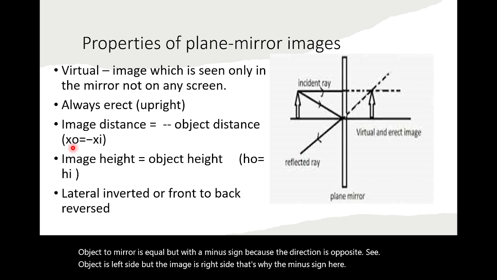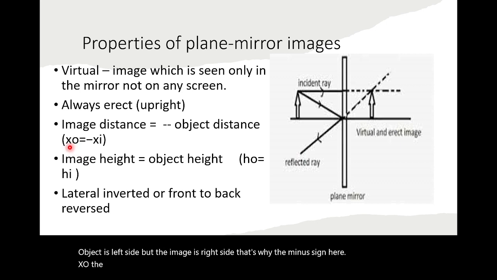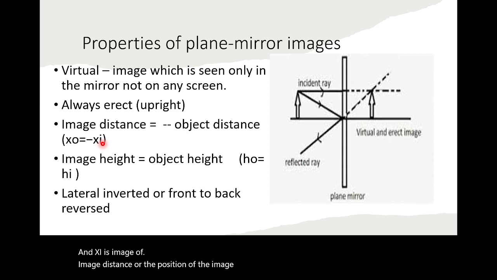XO, you know, is the position or distance of the object, and XI is the image distance or the position of the image. I stands for image, O stands for object.